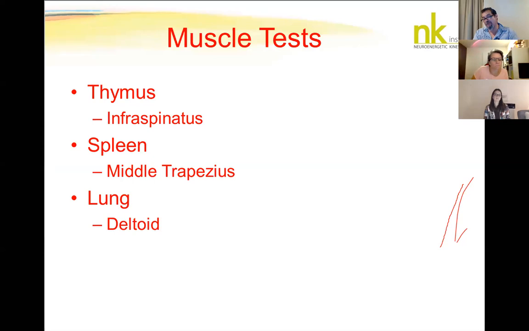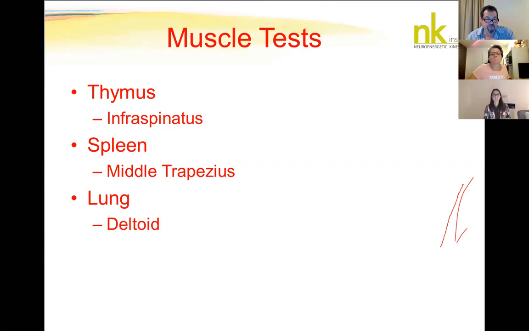And then looking at the muscle tests. So, you know, like with a basic kinesiology, at least with muscle tests, you can work with it, it's an easy way to work with it. And so you can use this format with respect to the muscle tests.